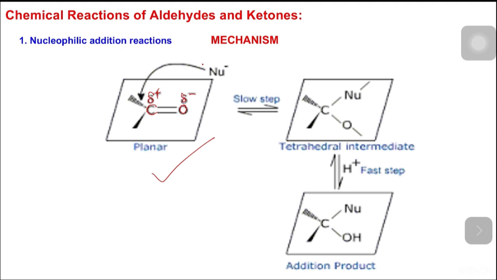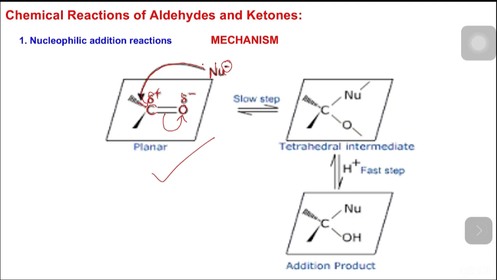Now, in the nucleophilic addition reaction, the nucleophile, we generally write Nu with a negative charge because nucleophile is an electron rich species, right? So, it is coming and attacking at carbon. Why? Because carbon has the positive charge here, and in the process this double bond will convert to a single bond when the nucleophile is attacking on the carbon.